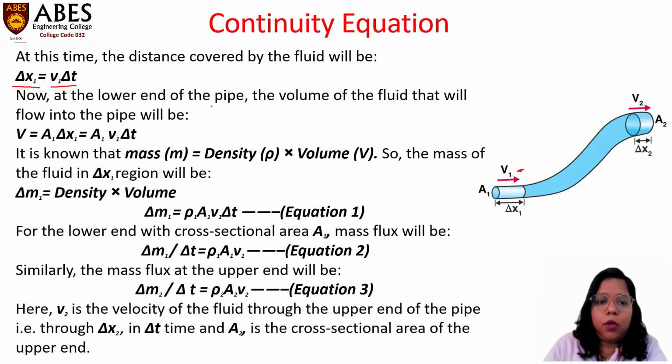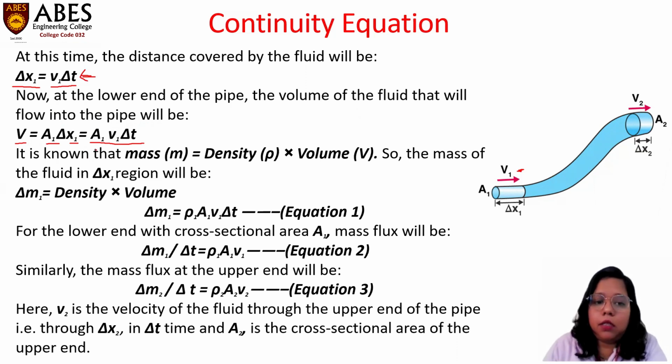Now at the lower end of the pipe, the volume of the fluid that will flow into the pipe will be A1 into delta x1. We put the value of delta x1 from here, so volume is equal to A1 v1 delta t.